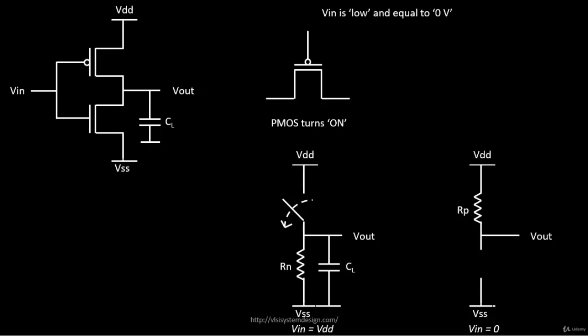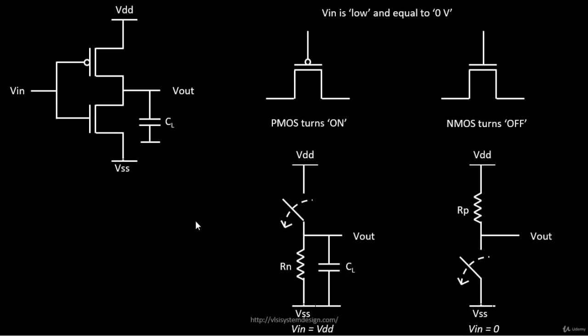Similarly, when Vin is low, at 0 volts, your VS is at 0 volts, so your gate to source voltage for your NMOS is 0. 0 is less than the threshold voltage, so your NMOS turns off, and to represent an off transistor you just need a switch which is open.